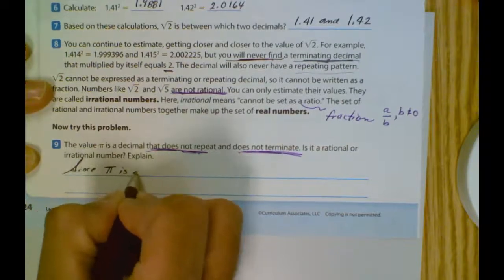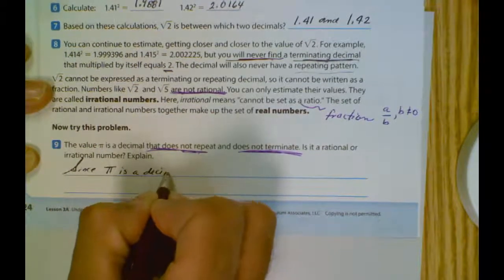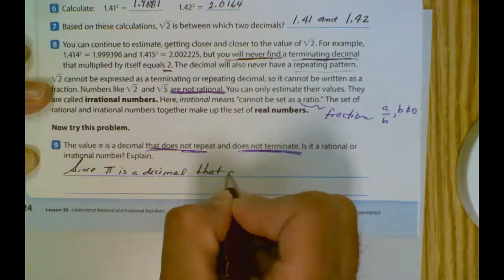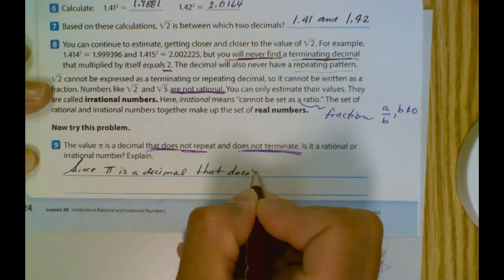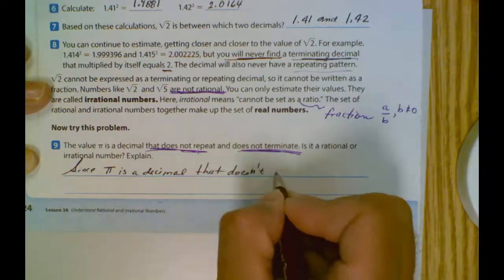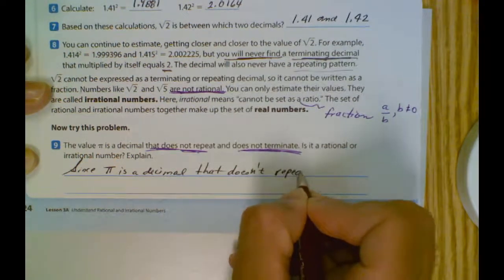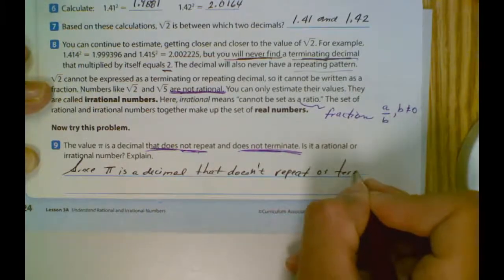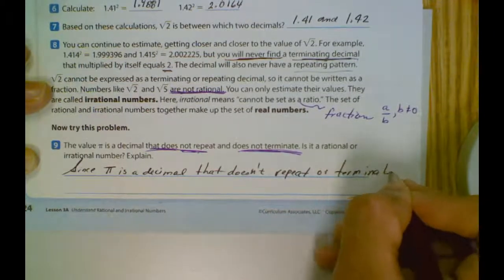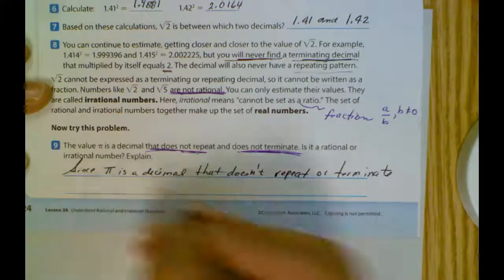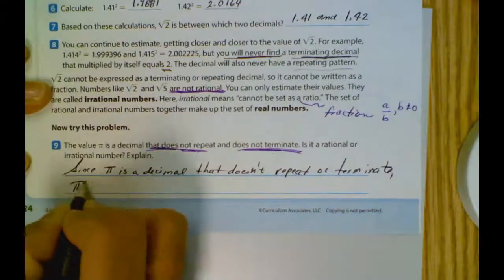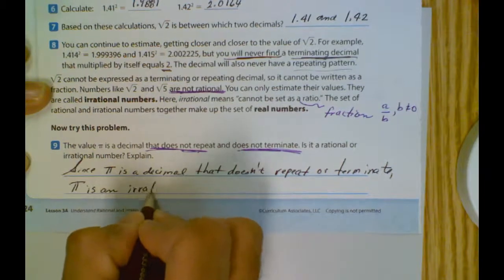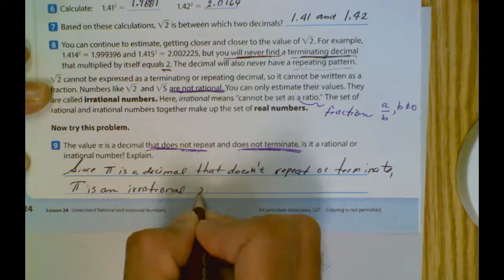pi is a decimal that does not repeat or terminate, then pi is an irrational number.